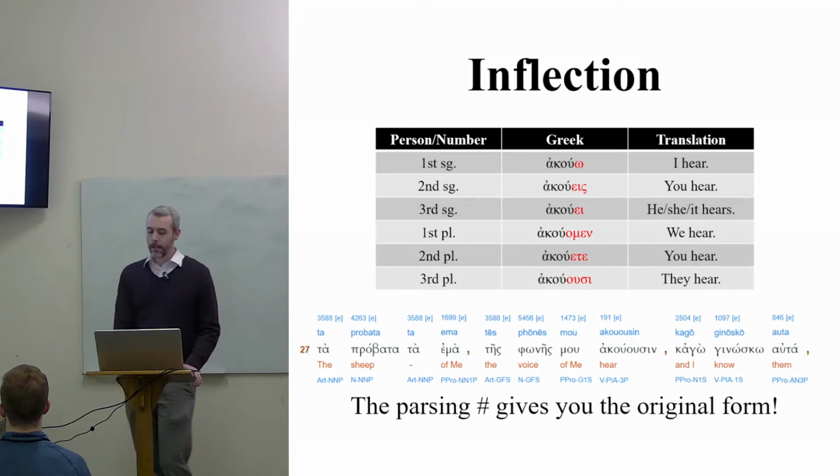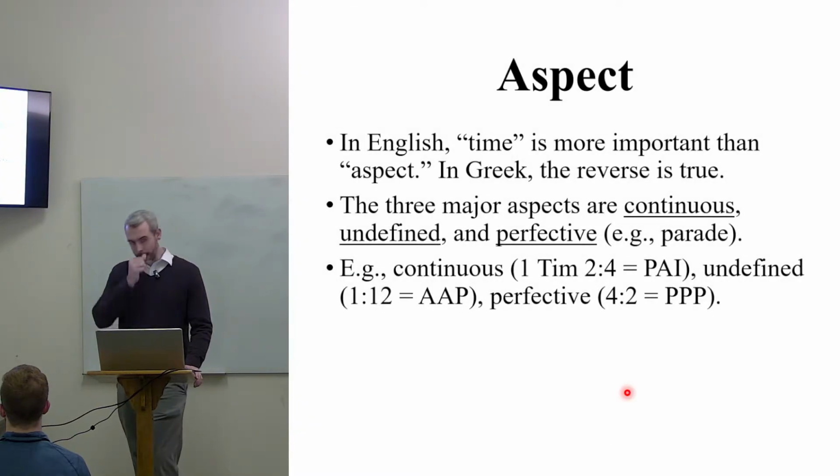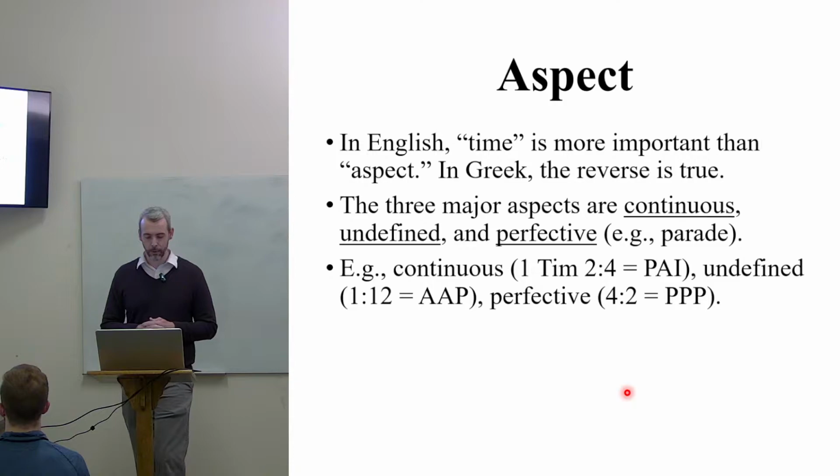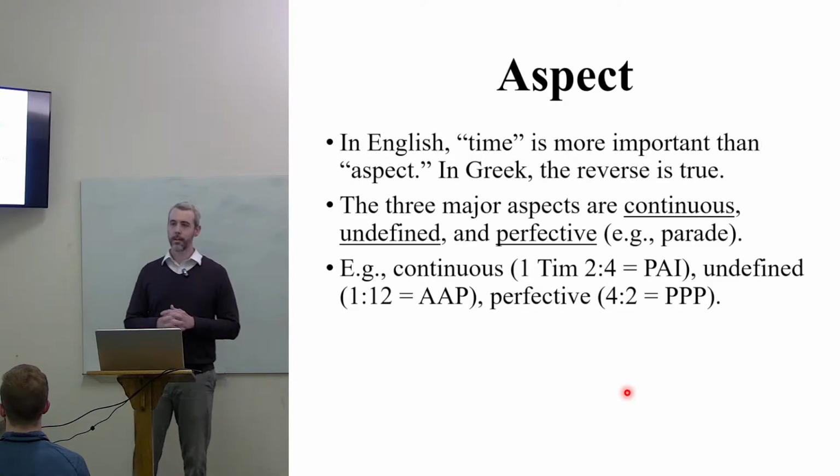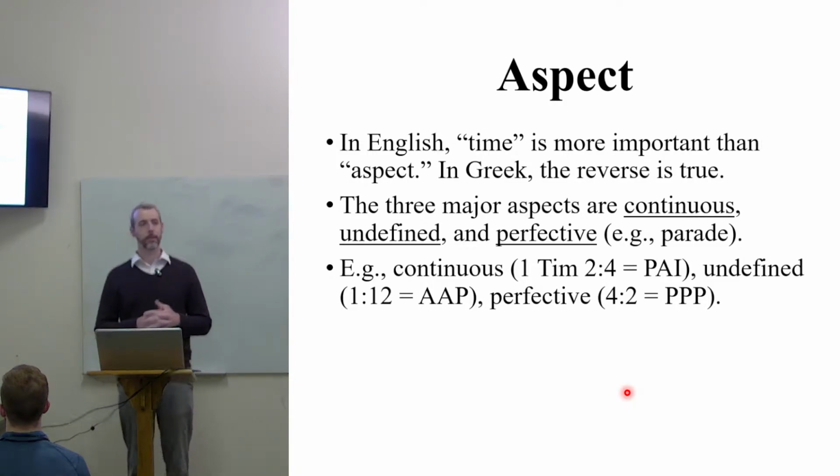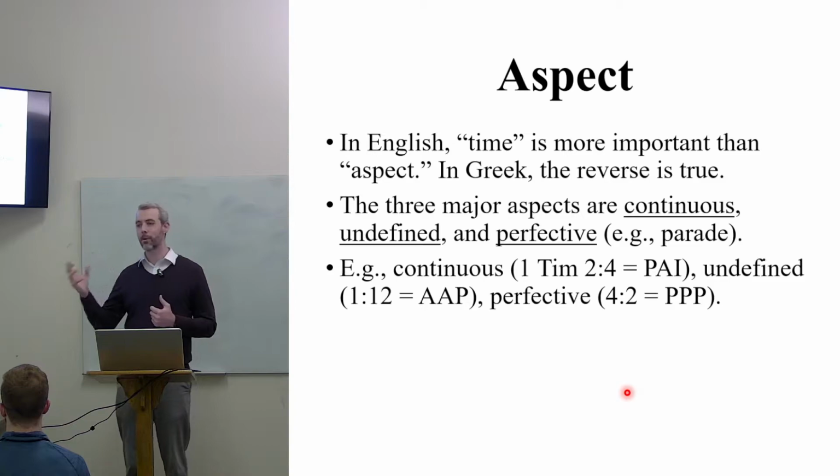All right. So let's talk a little bit about aspect in Greek. And again, we're learning some terminology here. I'm going to try to apply it to some actual verses as we move forward. But we talked about aspect last time, and we talked about how in English verbs the focus is more on time and less on aspect. In Greek, it's more on aspect and less on time.